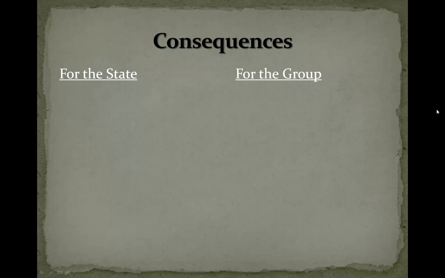So one of the last slides is to talk about some of the pros and cons for states to sponsor terrorism, and also for groups to accept state sponsorship. Starting from the state perspective, what are some of the pros and cons?